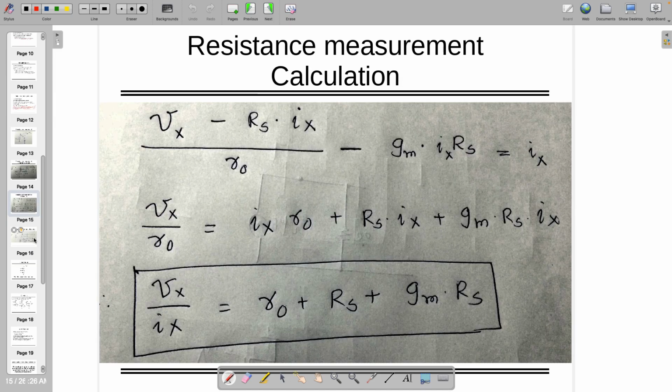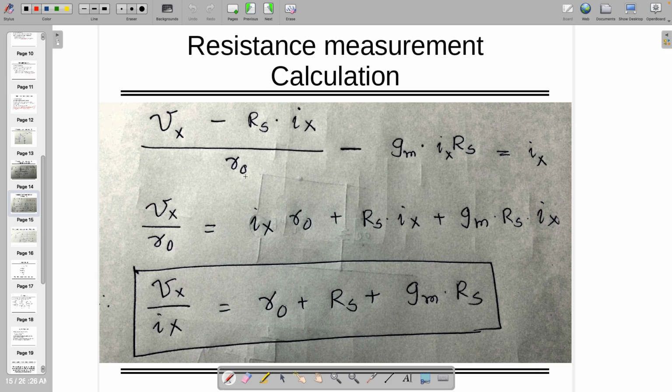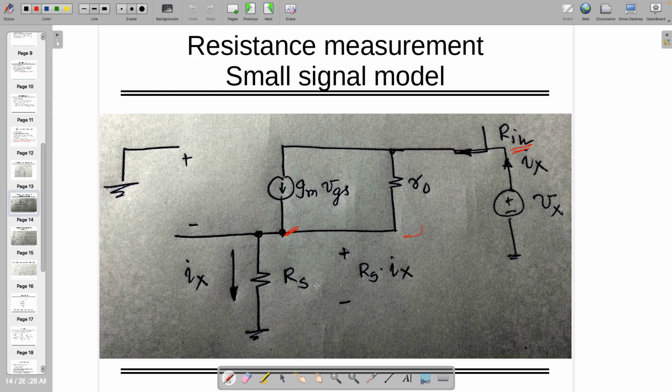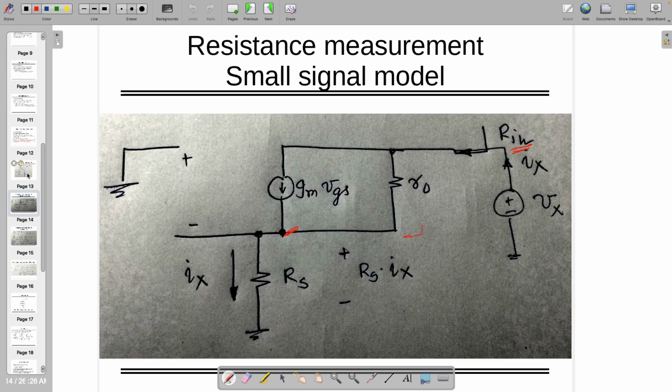So you can write down this equation. That's Vx minus this potential. This potential is how much? Rs Ix. Divide by R0, where R0 is this resistance. Minus Gm Ix Rs is equal to I. For these two, it has been written and I found the current.